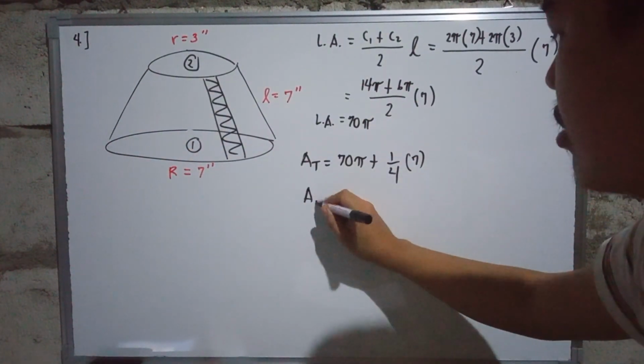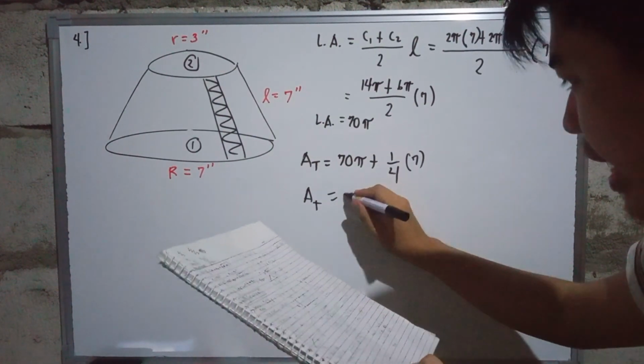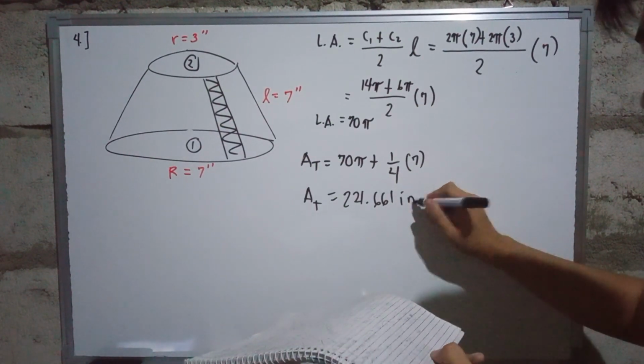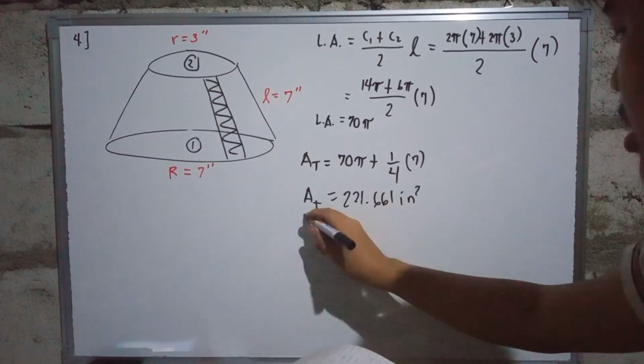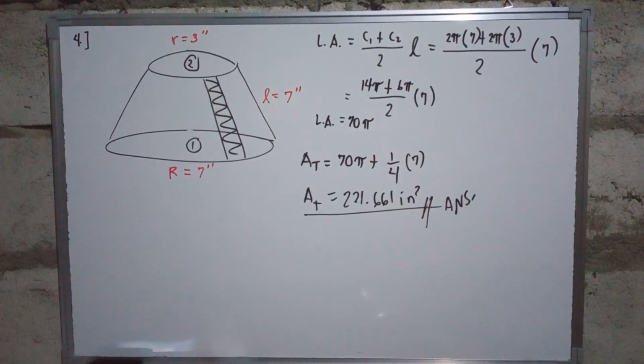So, the area total is now equal to 221.661 square inch. So, this will now be equal the material use na ginamit dun sa lampshade natin.